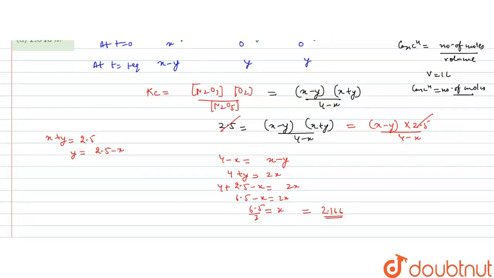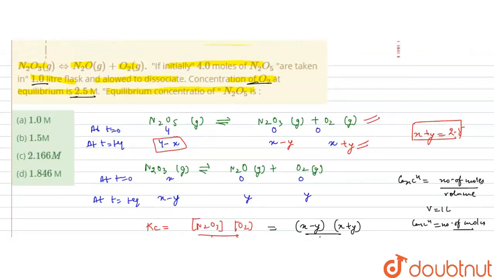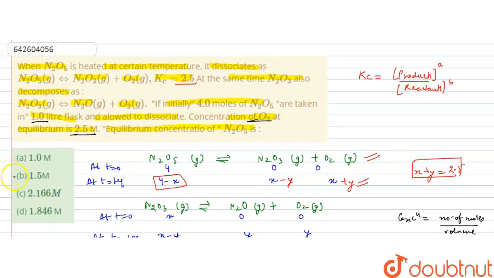So the equilibrium concentration of N2O5 is 4 minus 2.166, and that is equal to 1.837, or approximately 1.84. So the correct answer to this question is option D, 1.846, which is approximately 1.84. So this answer is the correct answer.